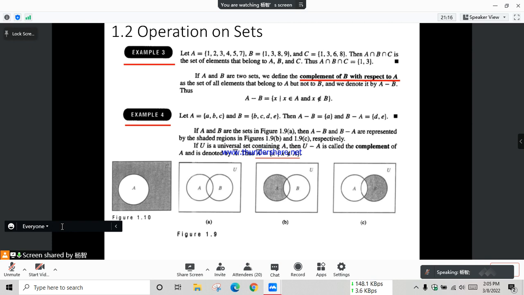And then the intersection among A, B, C is the set of elements that belong to A and B and C. So only 1 and 3 are the common elements of these three sets. So the intersection of A and B and C is equal to the set {1, 3}.